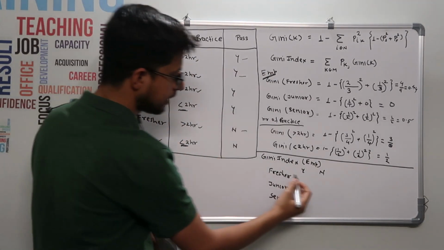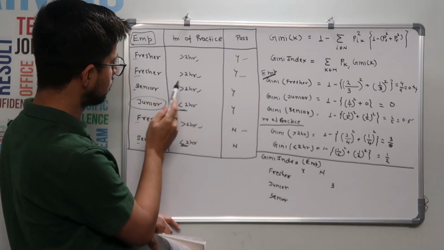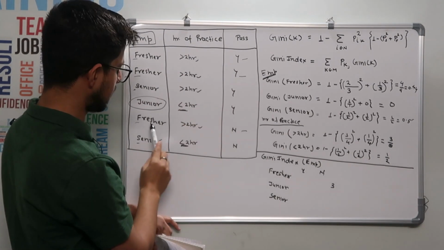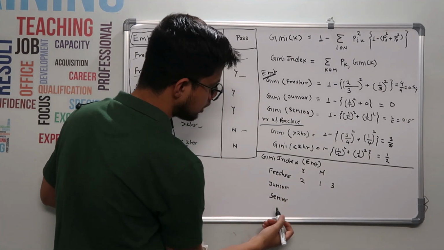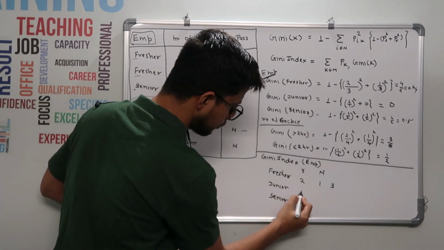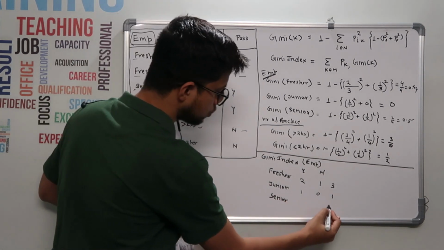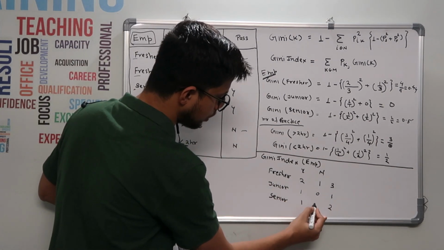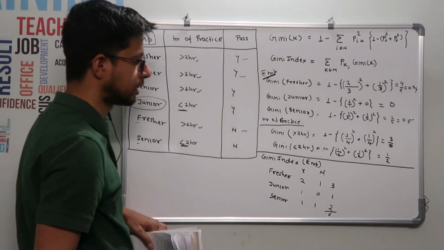A total of 3 freshers. Out of 3, 2 are yes and 1 is no, and the total is 3. Then junior is only 1 and it is yes: 1, 0, 1. How many seniors? Seniors are 2, with 1 in each category. The total is 6, which is the total number of rows.